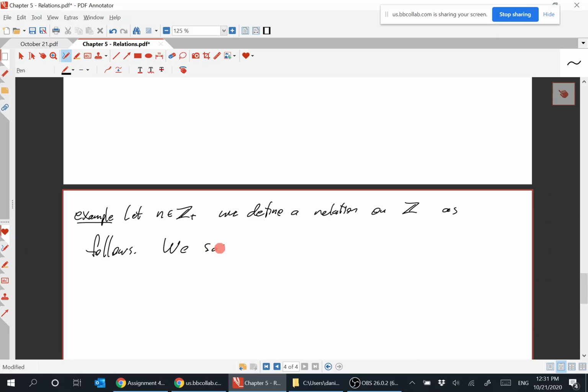We say x is related to y when n divides y minus x. That is, y minus x is a multiple of n. This is an equivalence relation on Z.